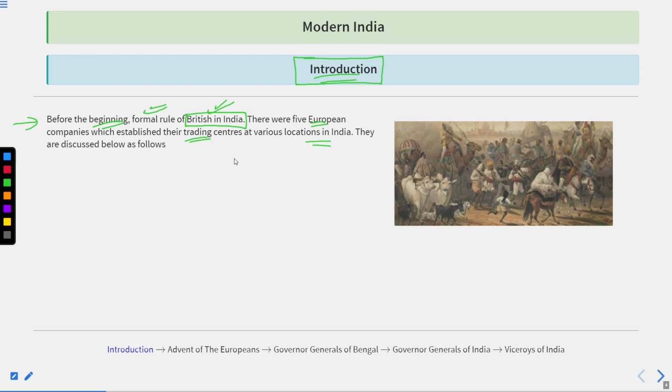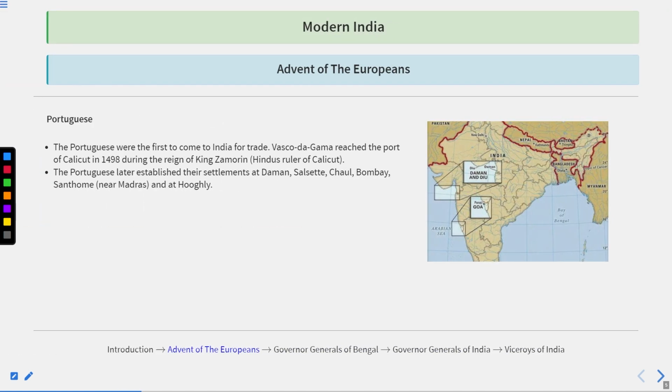So when they came as traders, at the same time many other European companies or European countries also had their presence in India. If we talk about them, the first one were the Portuguese.